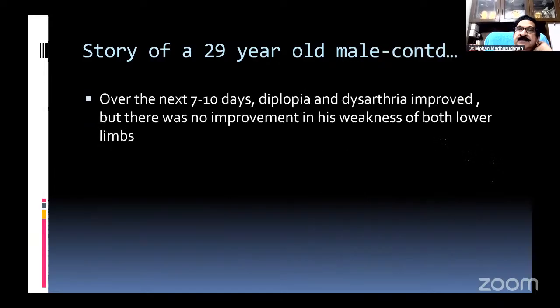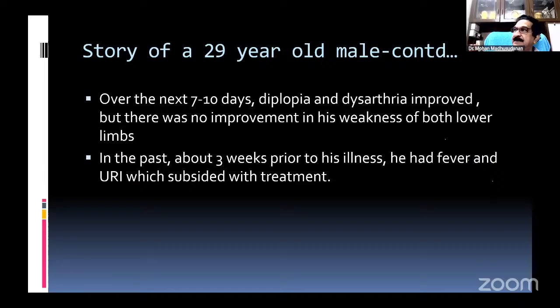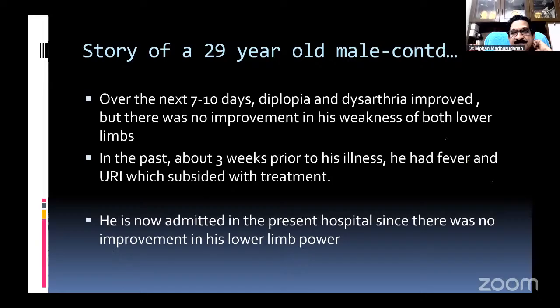Over the next 7 to 10 days, diplopia and dysarthria improved, but there was no improvement in the weakness of both lower limbs. About 3 weeks prior to his illness, he had fever and URI which subsided. He is now admitted in the present hospital since there was no improvement in his lower limb power.